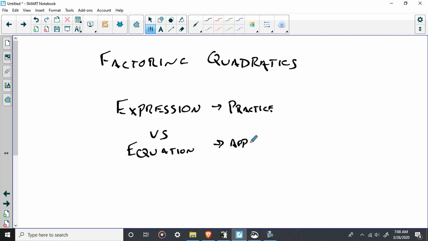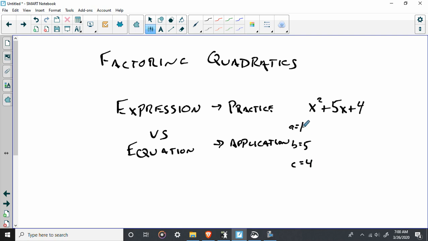So the game itself. What we've been saying is things like this: x squared plus, I don't know, 5x plus 4. We're saying a is equal to 1, b is equal to 5, and c is equal to 4.